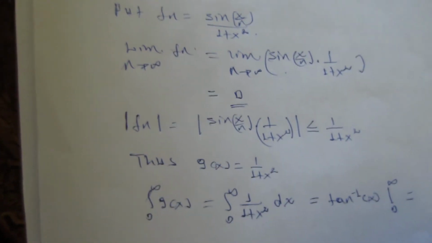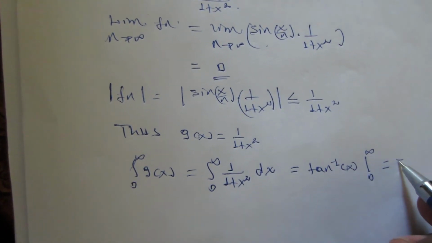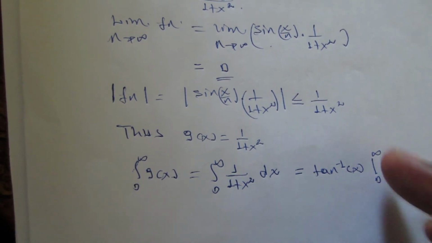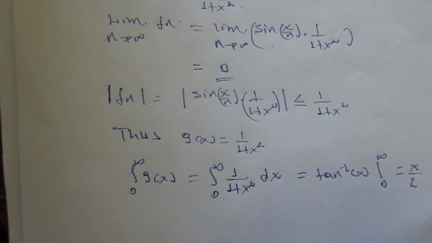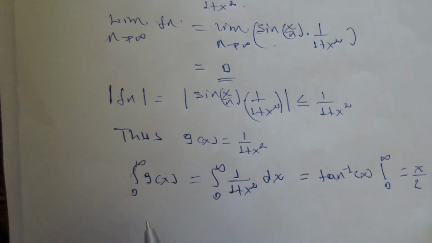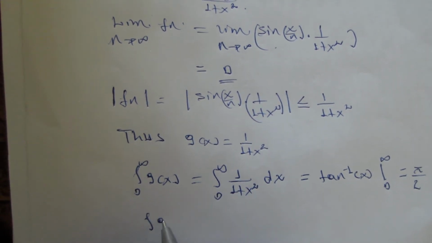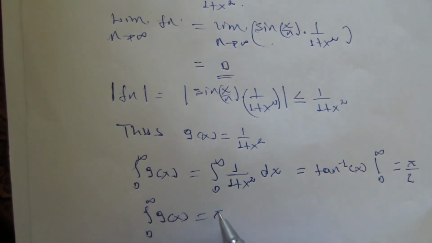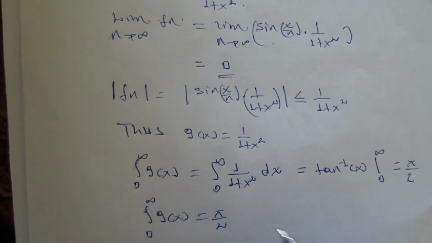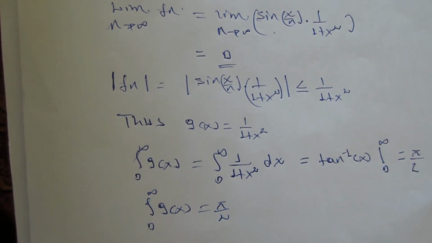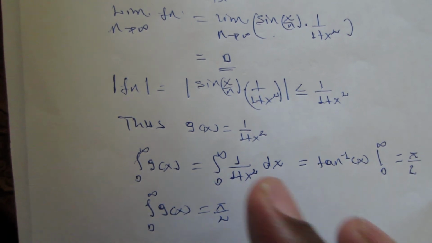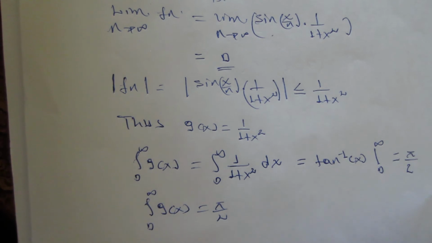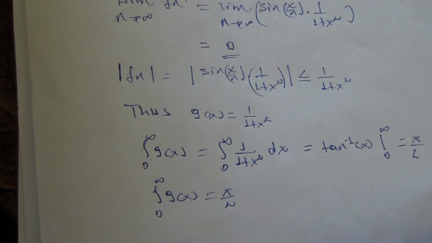This is equal to pi over 2. Simply evaluate this. The integral of g(x) from 0 up to infinity is pi over 2, which is finite, less than infinity. Thus g is integrable. Also g(x) dominates f_n.